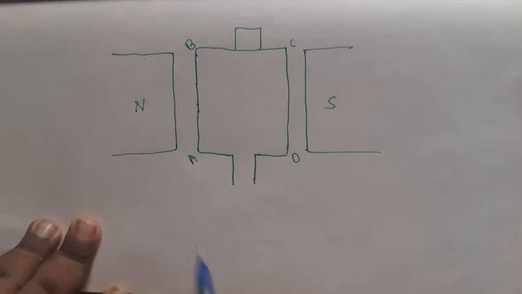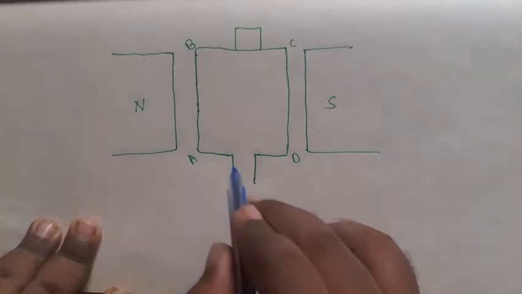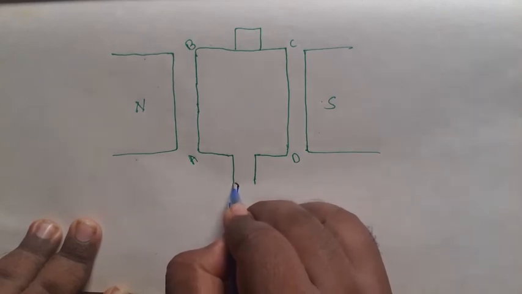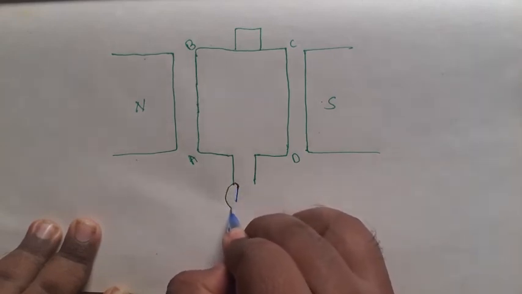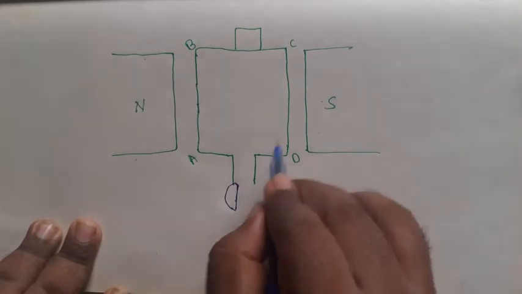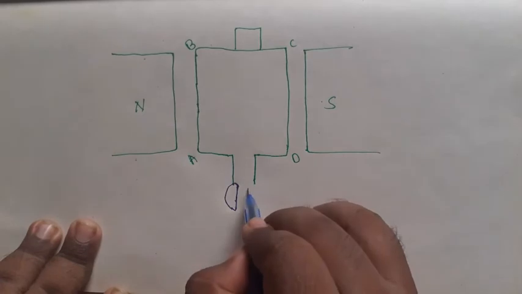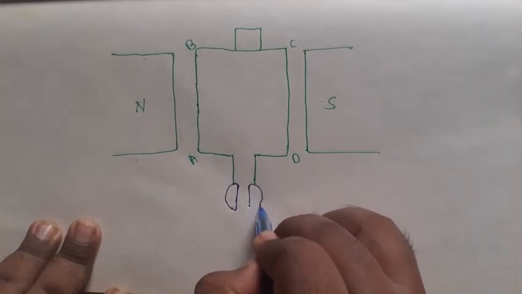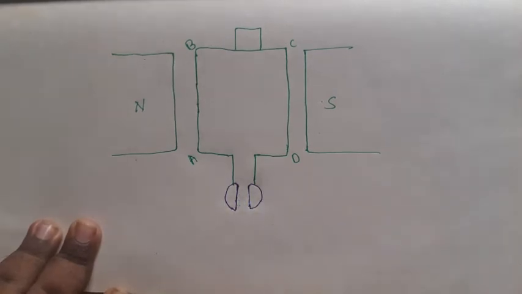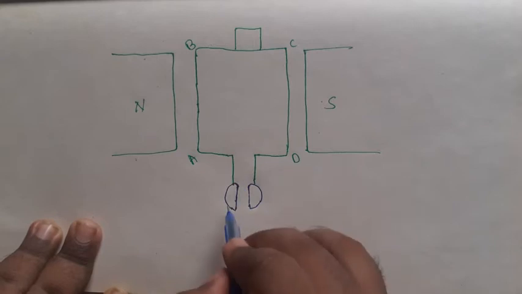Now one end of the coil ABCD I am going to connect to one semicircular ring. Next, another end of the coil I am connecting to another split ring. Split rings we called semicircular rings. These are in the form of semicirculars.